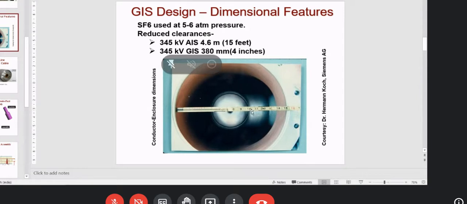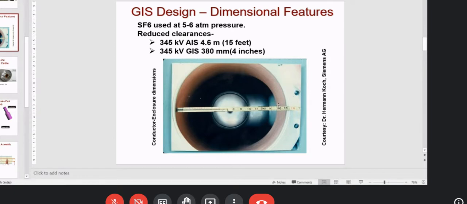You can clearly see it is 4 inches, which is about 10 centimeter. 10 centimeter, and the voltage difference is 345 kilovolts. Can you imagine? 10 centimeter. You can take a scale if it is in front of you, find out how much is 10 centimeter, and then imagine that there is 345 kV. But the fact is that it is withstanding that voltage or the electric field.